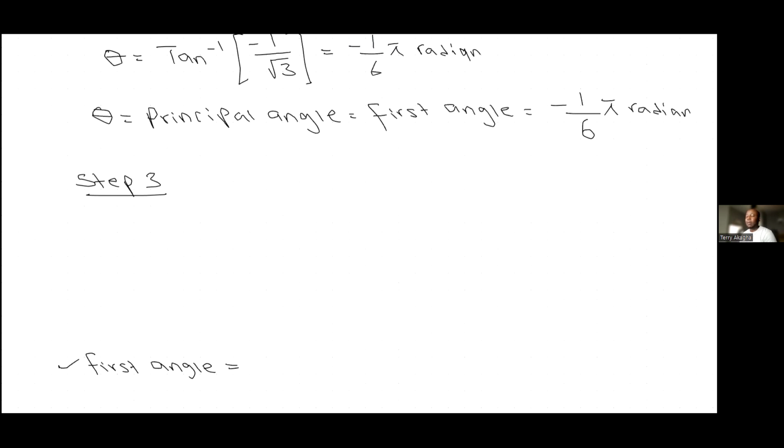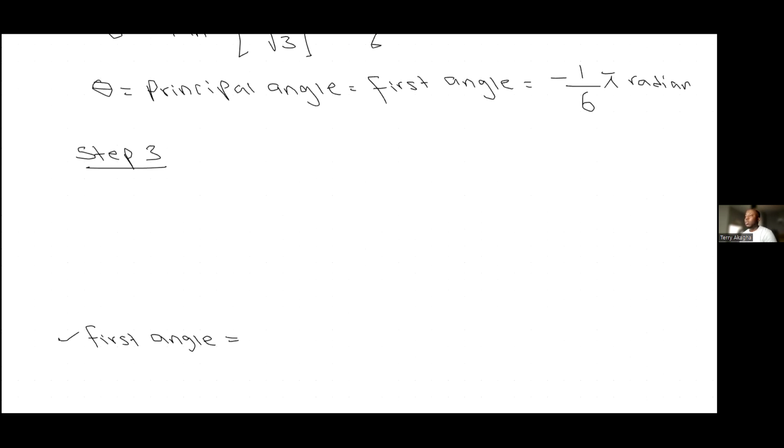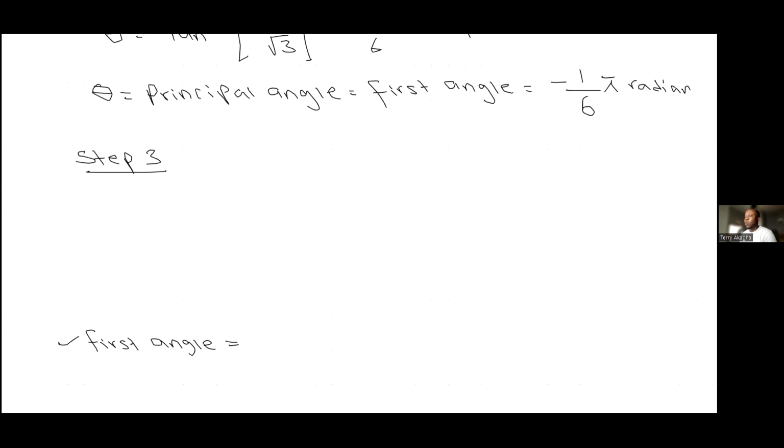The first angle here, we got it to be minus 1 over 6 pi radian. For some of you, when you press your calculator, it will be around minus 0.52.